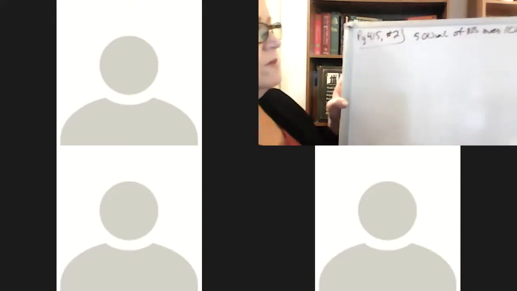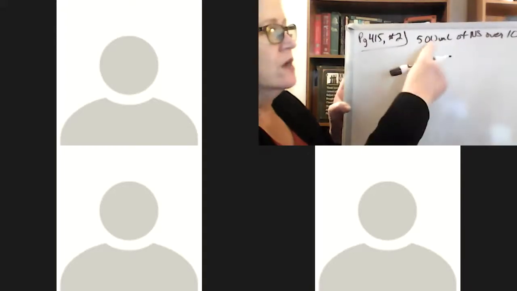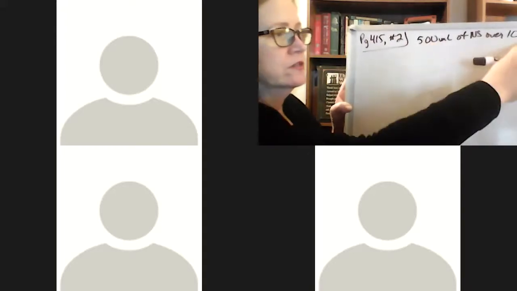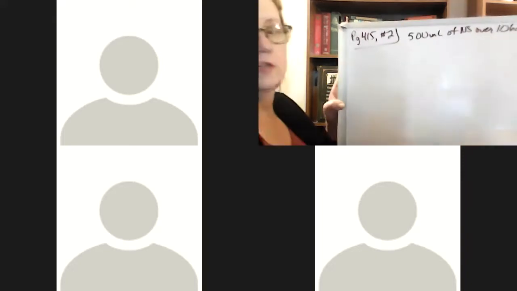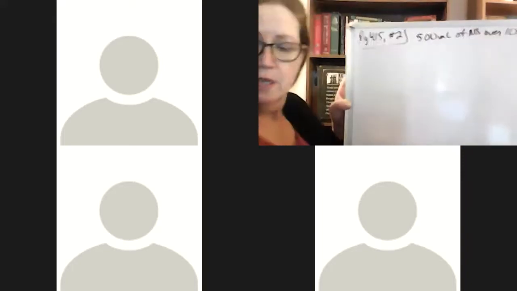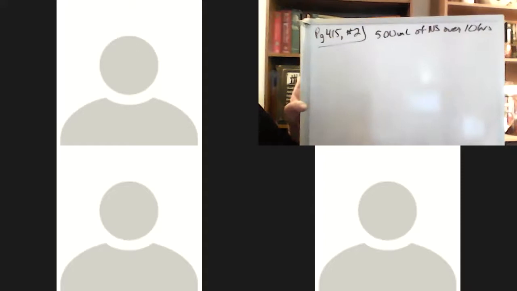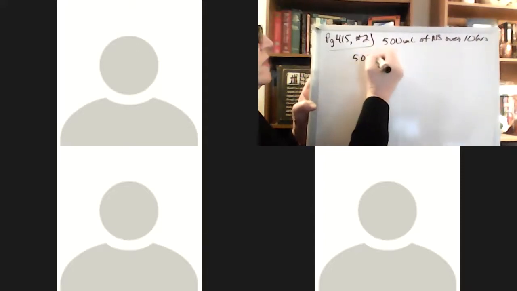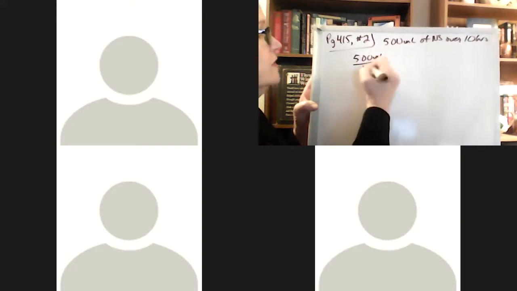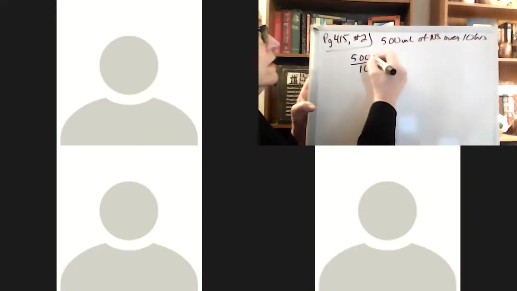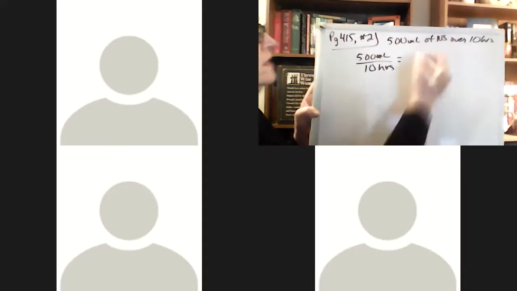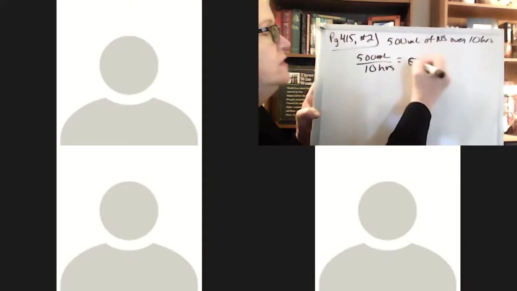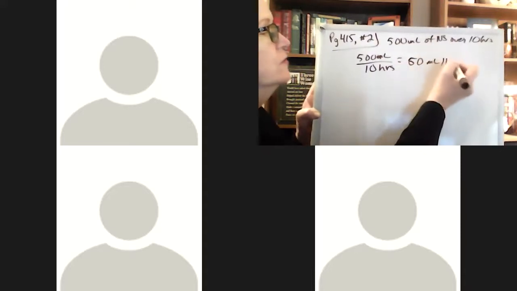So when we're talking about an infusion rate, we could figure out milliliters per hour, or we could change the hours to minutes and figure out milliliters per minute, right? So we have 500 milliliters over 10 hours, which is equal to 50 milliliters per hour.